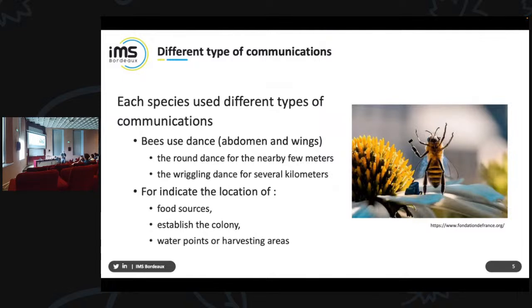I don't know if you knew, but here in Bordeaux, the symbol of our engineering school is the bee. Yes, every engineering school in France has an animal. So for us, it's the bee. And the bee uses dance to communicate, and also they use their feet to make some noise as well, to produce another kind of communication.